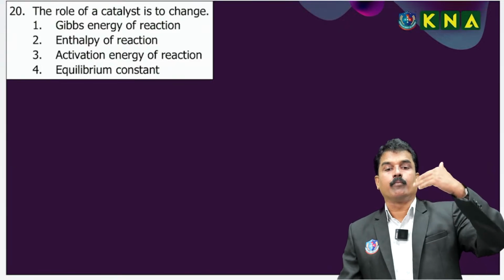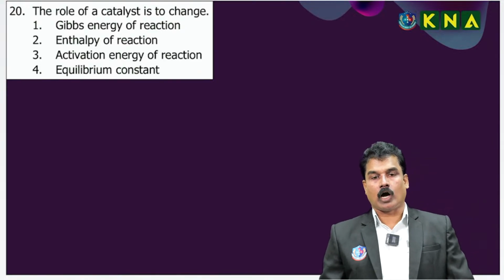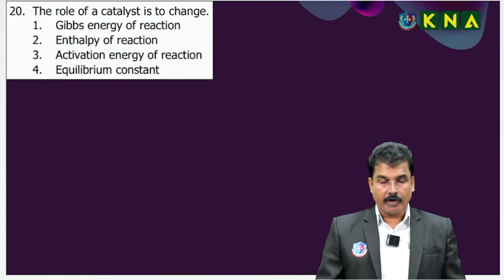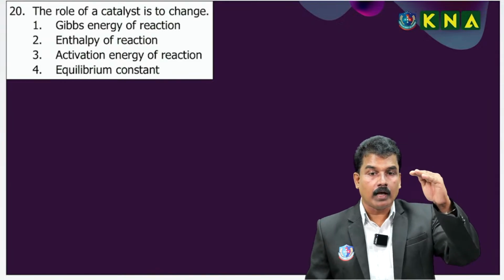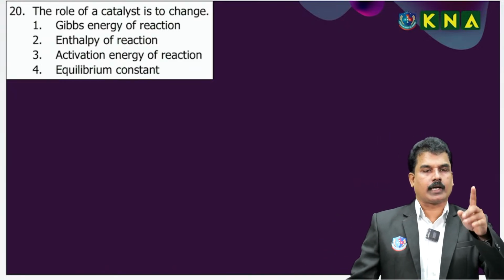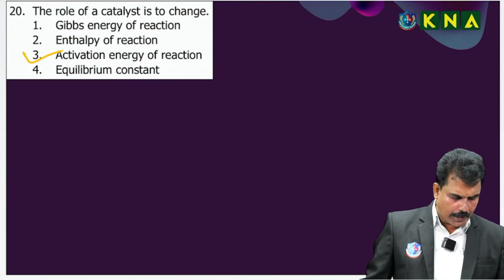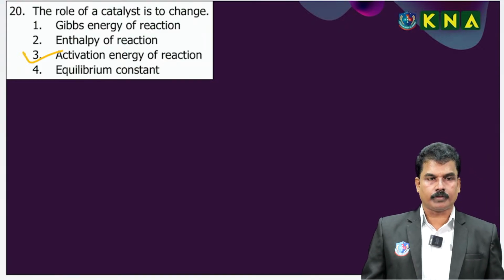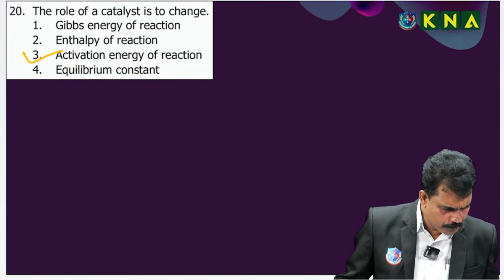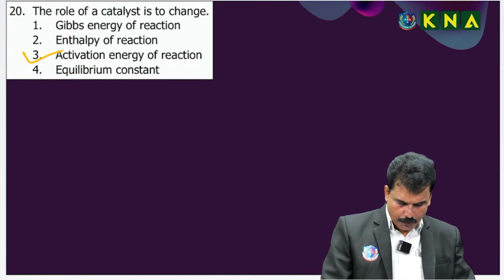The extra amount of energy required by the reactant molecule to take part in chemical reaction, that is called activation energy. When you are adding a catalyst, catalyst will reduce the activation energy, so readily we are getting the product. So the correct option is, third one is the correct option. The role of catalyst is that it will reduce activation energy of the reactant molecule. Okay, are you getting the idea now?